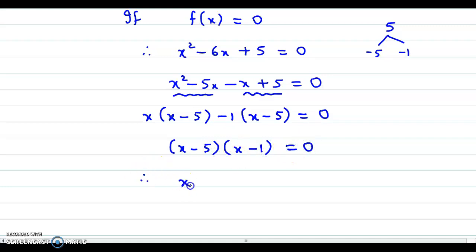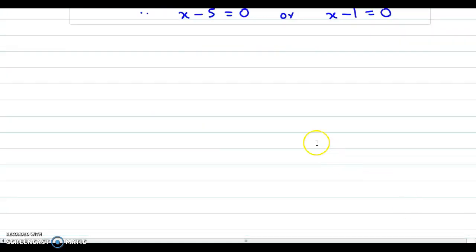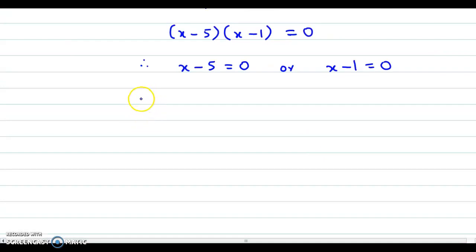Therefore x minus 5 is equal to 0 or x minus 1 is equal to 0. So we have two values of x. So x is equal to 5 or x is equal to 1.